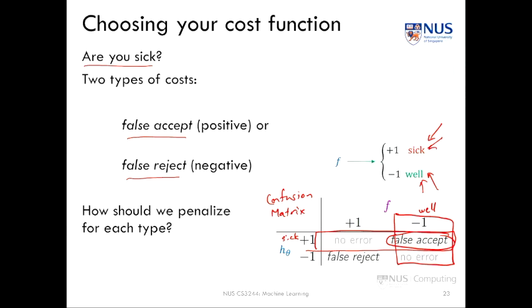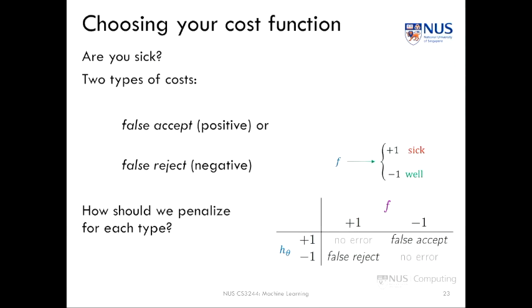And the converse case is a false reject, which means that the classifier incorrectly predicted you were well, but you were actually sick. Of course, there's the two cases in which the system accurately predicts the ground truth, where there's no error. When you're sick and the classifier thinks you're sick, and when you're well and the classifier thinks you're well.